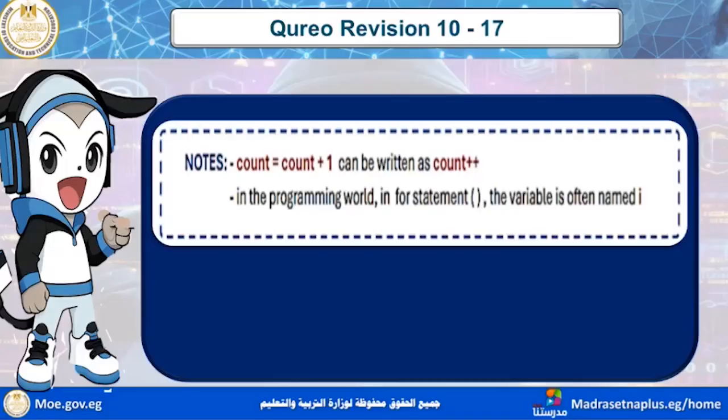And in the programming world, in a for statement, the variable is often named i. But we can use any other variable, like in the previous example, we used the variable count. But often we use the variable i for counting the number of repetitions or iterations.